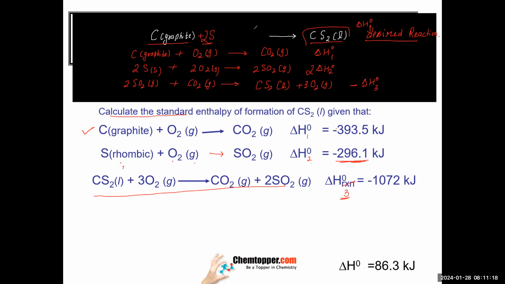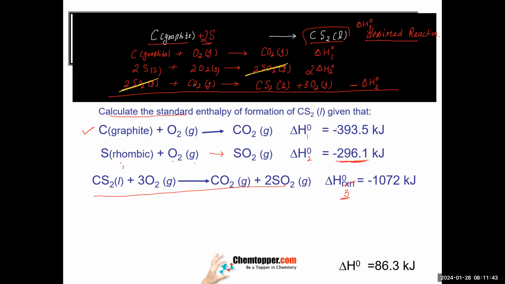So all the 3 equations are here on the board now with all the desired changes. Add them. Add these equations. See whether you are getting your desired equation. Okay, check. 2SO2, 2SO2. Cancelled?